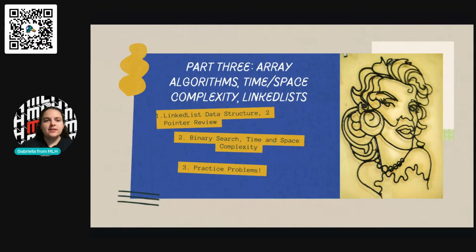The majority of this is practice problems. I talk through how to do data structures and algorithms problems, and I give a kind of step-by-step of how to actually problem solve. We talk through everything together. If you have any questions, feel free to drop them in the chat. But that's kind of overall housekeeping for today.